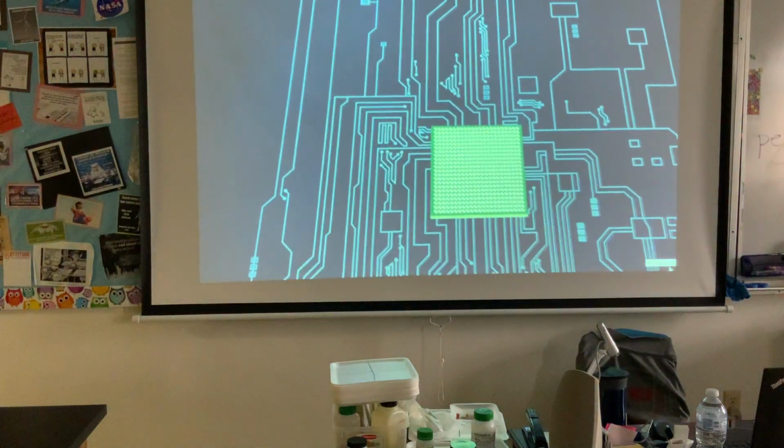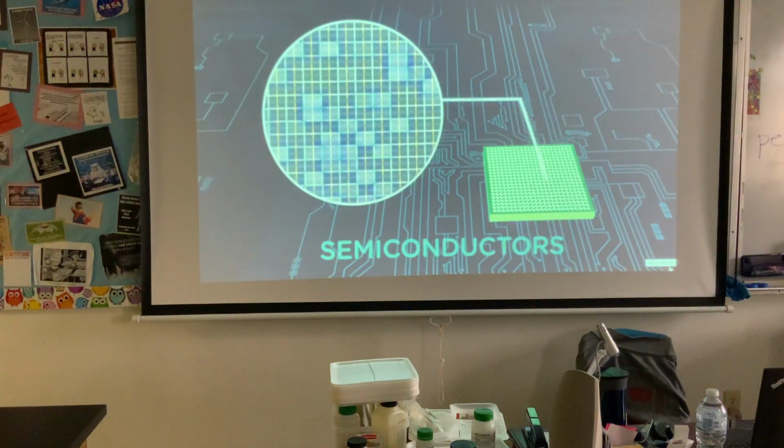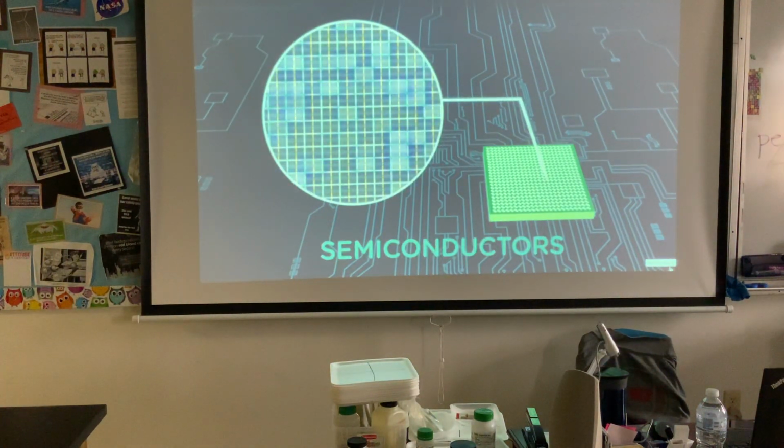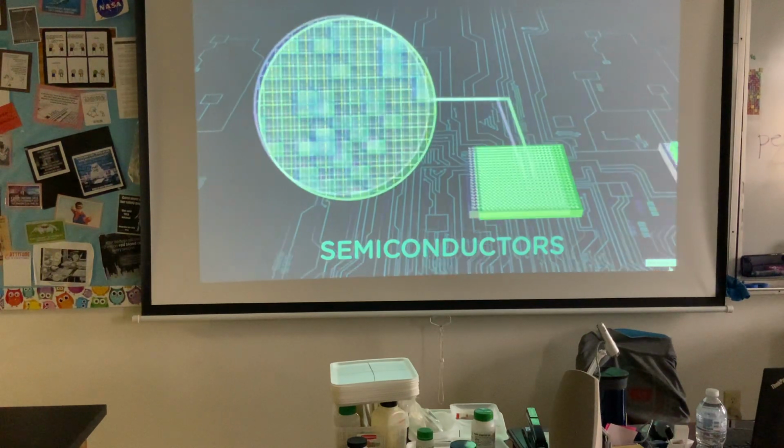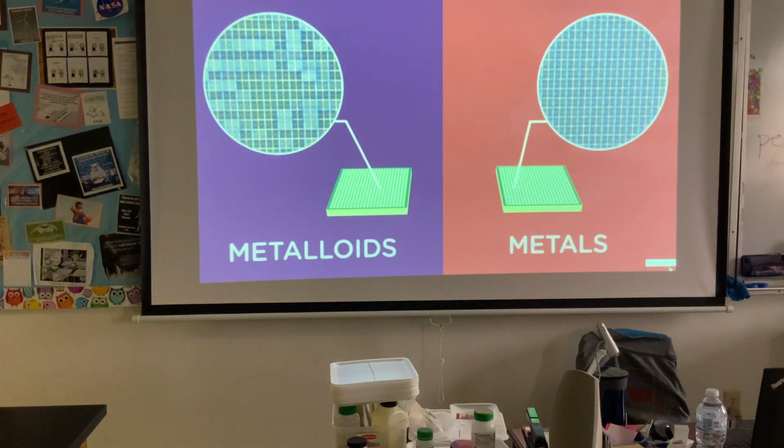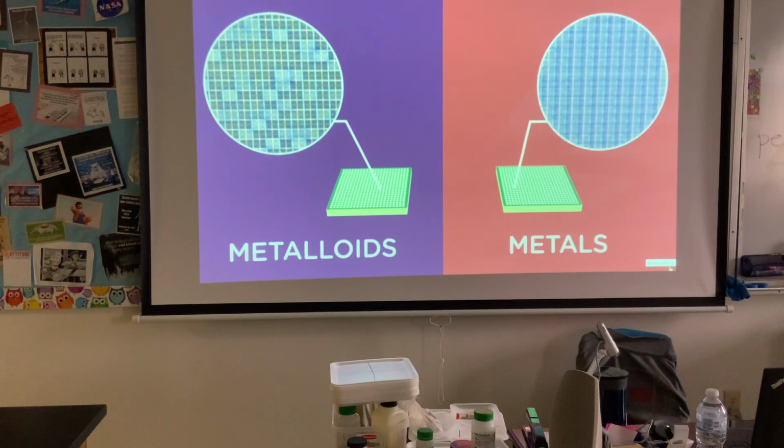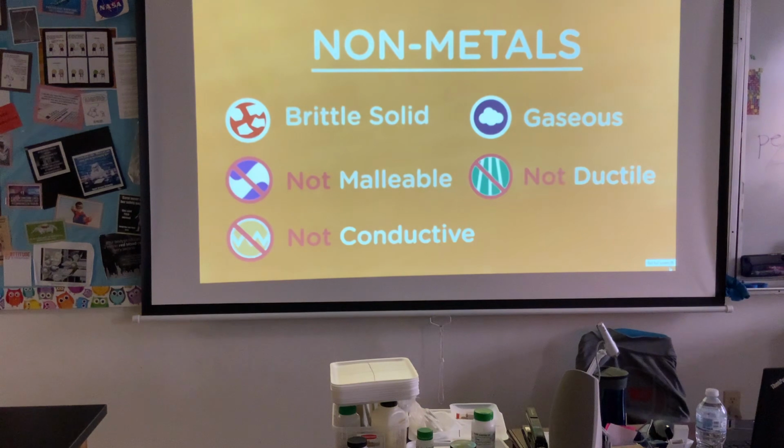Metalloids are a crucial component of your processor because they're semiconductors, meaning they conduct electricity, but not quite as well as metals. Semiconductors allow electricity to pass through your phone's transistors in a controlled manner. If you used metal, too many of your transistors would activate, causing your processor to malfunction. The properties of nonmetals are the opposite of metals.